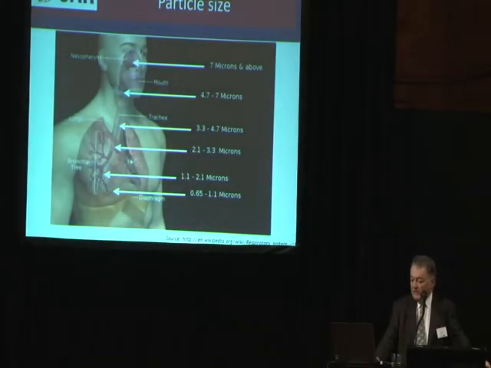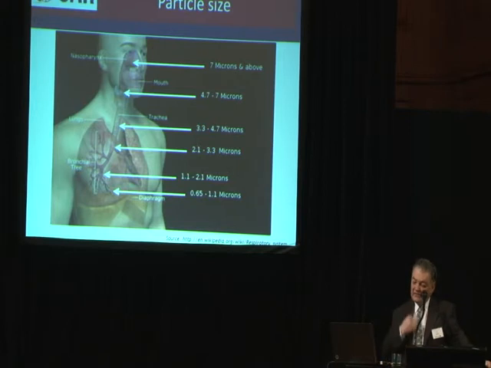This is a diagram that I think Craig got from Wikipedia, and I borrowed it from Craig. But there are a number of these diagrams around which try to illustrate why the size of the particles is important. Actually, the respiratory system has a very effective filtering device. It starts with the nose, which is an effective filter for large particles.